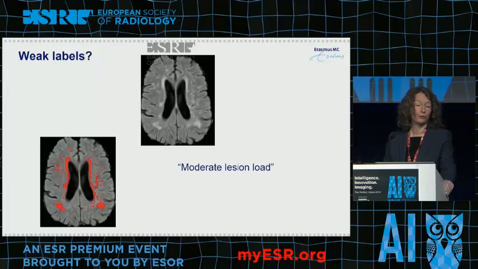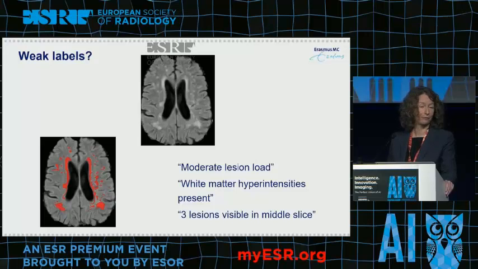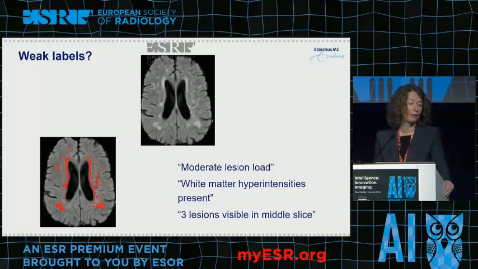Weak labels could be, there's a moderate lesion load in this image, or there are white matter hyperintensities present in this image, or we have 3 lesions visible in one slice. So such labels are much easier to obtain, and if we can learn reliable models from them, we could much more easily solve problems on a large scale using machine learning.